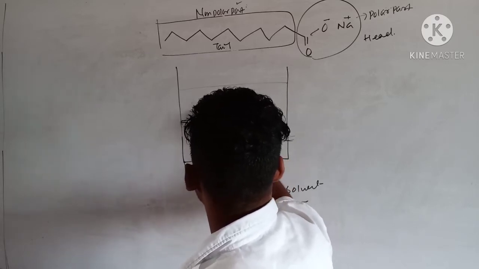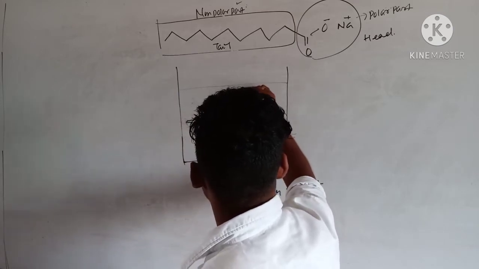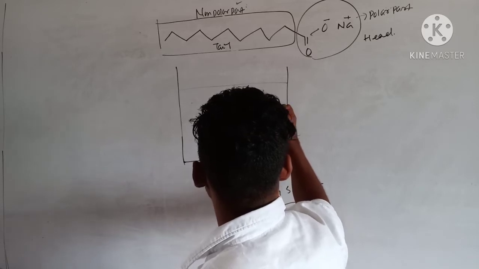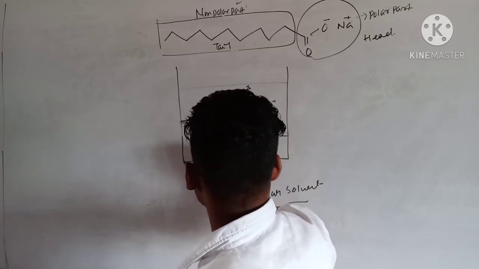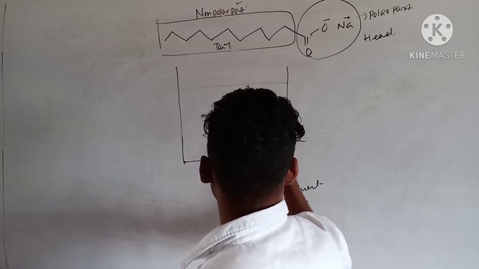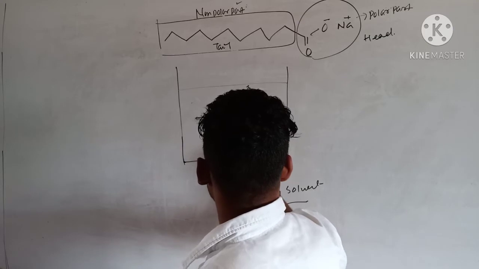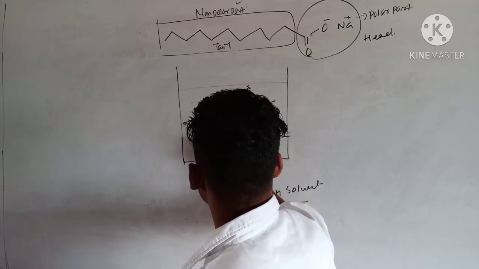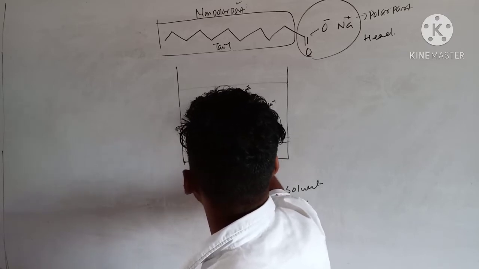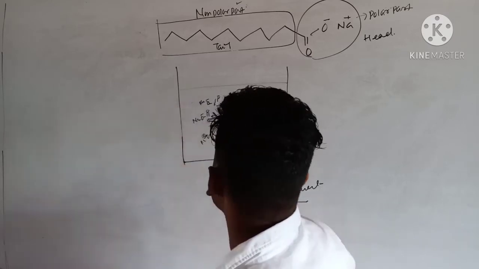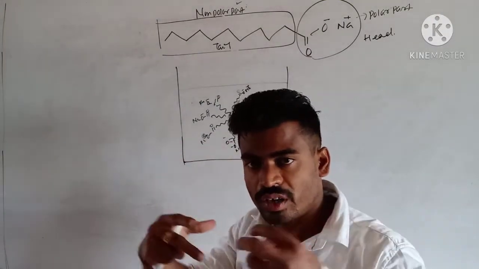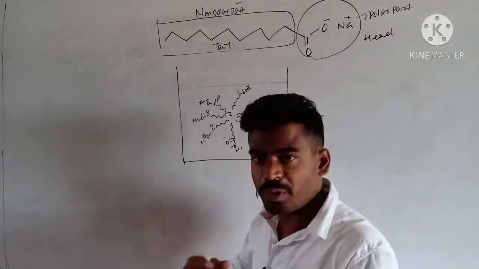So this one is C double bond O, O minus Na plus, and these are the head portions, particularly O minus Na plus, repeated around the surface. In this aggregation, the non-polar tail portions are attracted towards the center while the head portions point outwards.